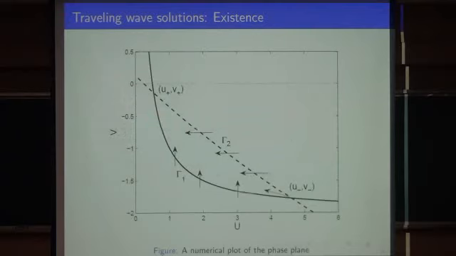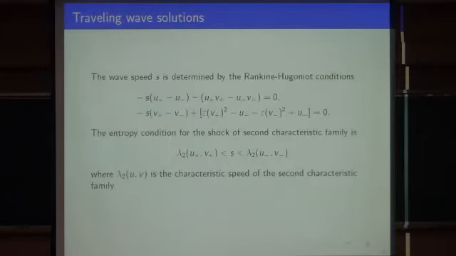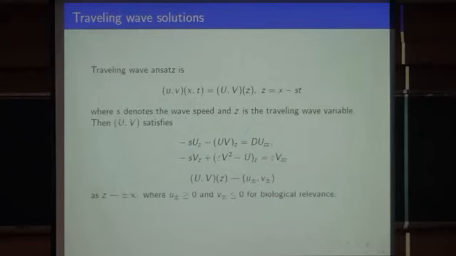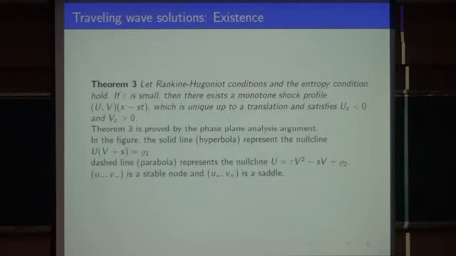It turns out that if you draw the nullclines of those two ODEs, we had two second order ODEs, and because they are conservation laws, you can integrate them and get a pair of first order ODEs, so that you can use a phase plane.